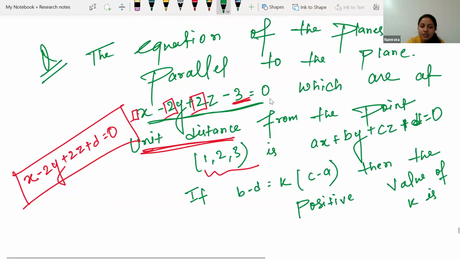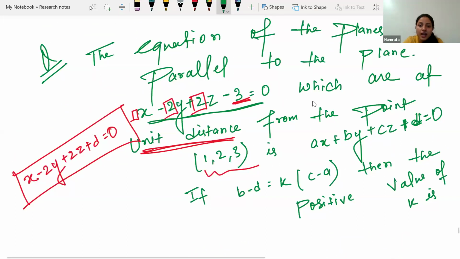Okay, let's summarize. The equation of a plane parallel to this plane will look like this one: ax plus by plus cz plus d. a, b, c will all be the same. The coefficients of a, b, c will be the same. For d, we don't know, we have taken this plane as an assumption.